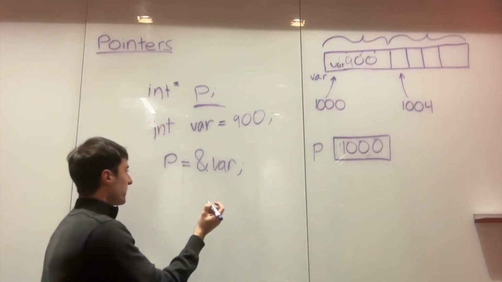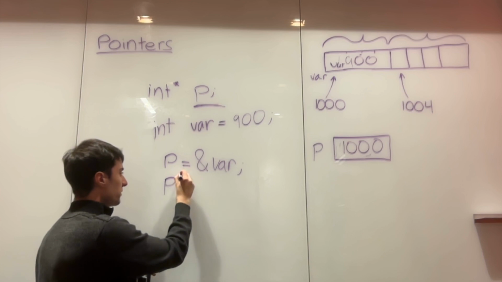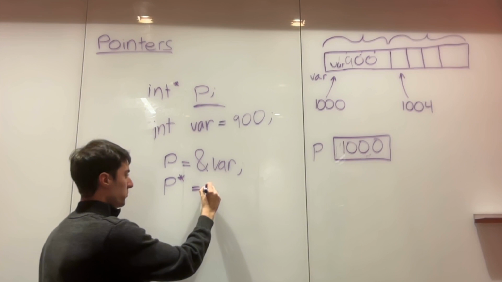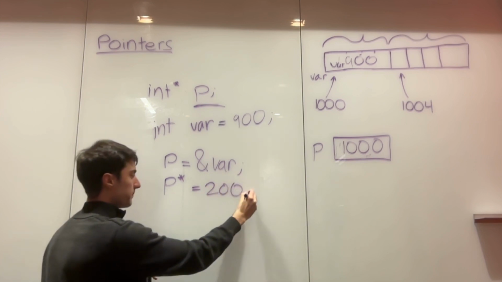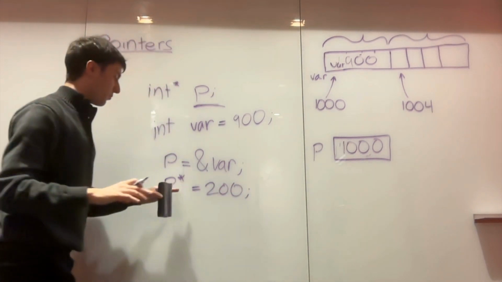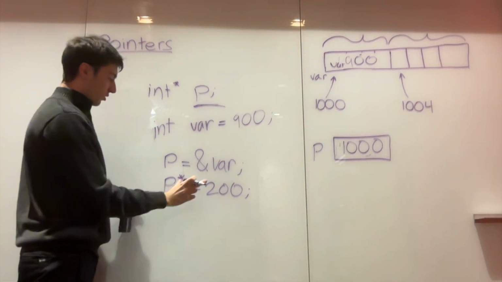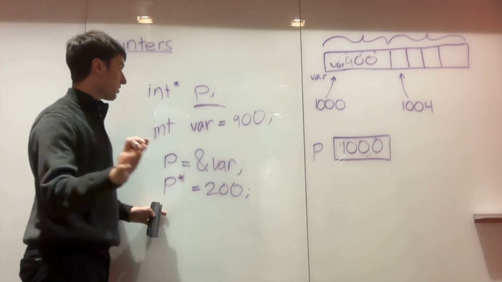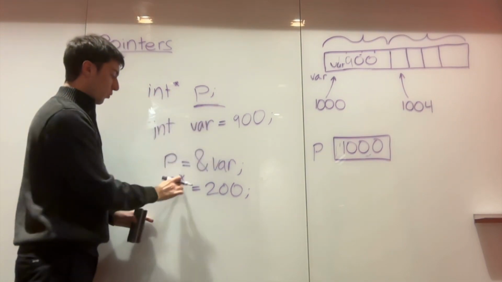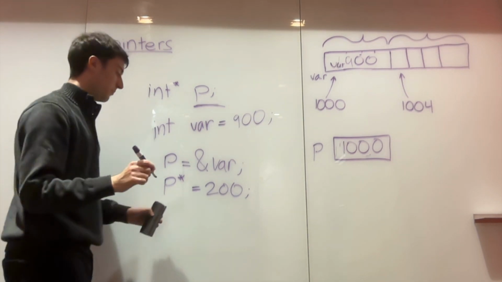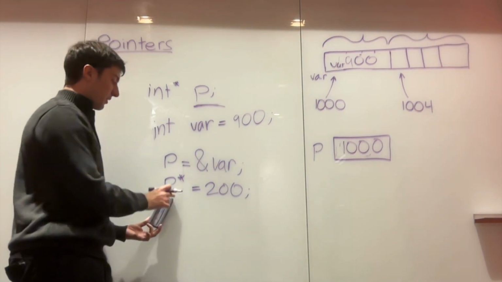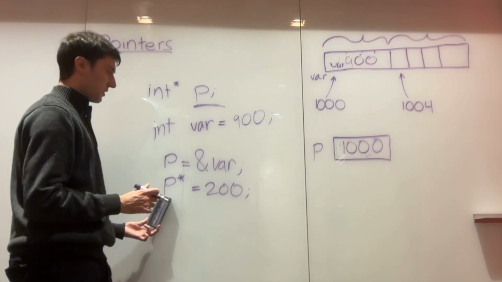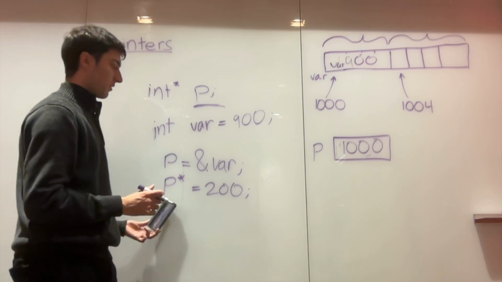When you see something like this, p star equals 200. When you see an assignment, or if you see this star in any other context besides a declaration, what does this mean? It means take whatever value that this address is pointing to and assign it something, okay?